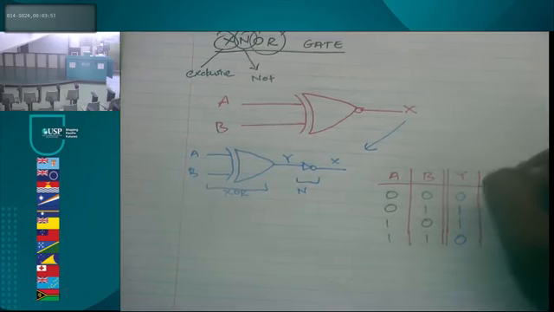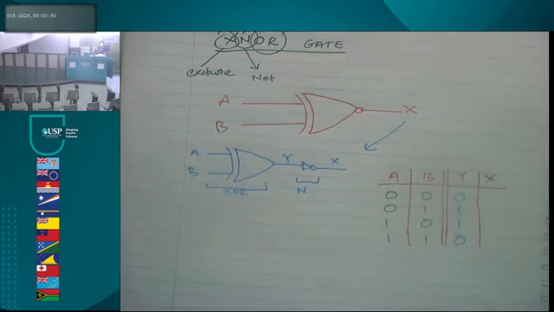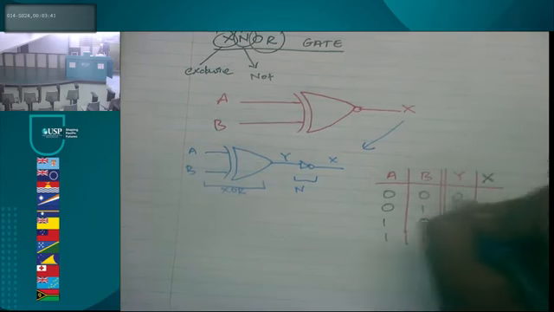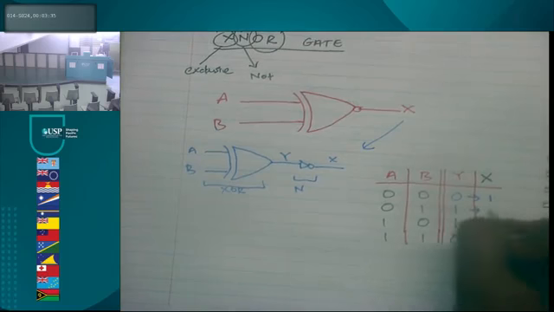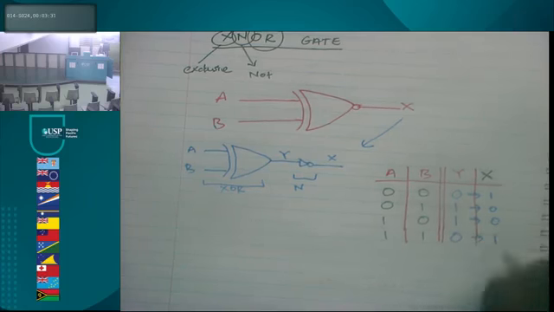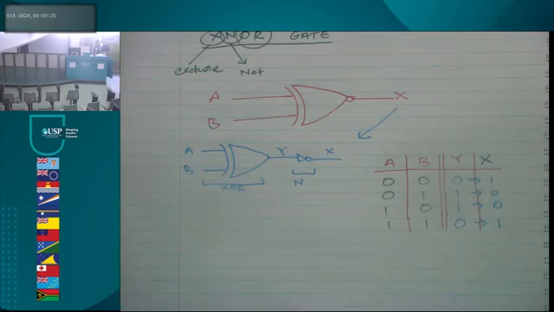What will be the output here? Opposite of Y, right? Okay, you guys get it, right? So all your 0s will be 1, all your 1s will be 0. Set. So this is basically how you can interpret your XNOR gates.